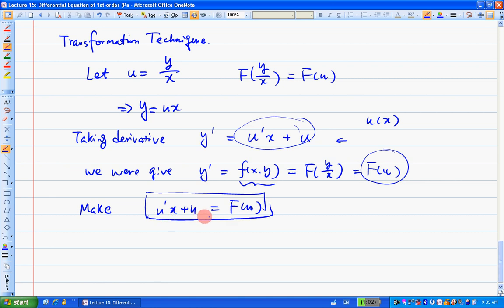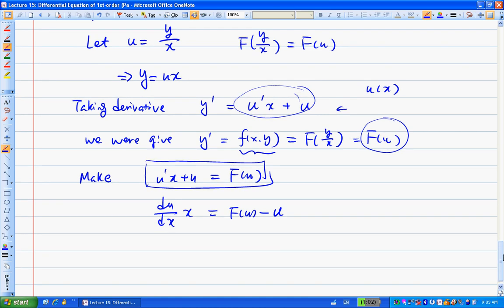So I make this equal to this. When I look at this one here, I'll do one more step. This u prime is du over dx, times x. I'll move the u to the other side, and I'll move the x to the other side too.